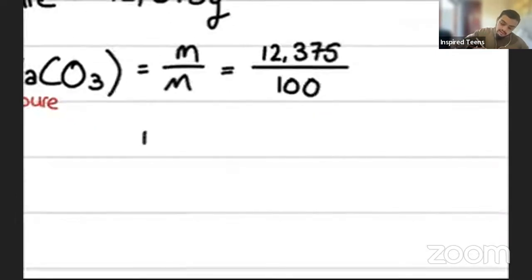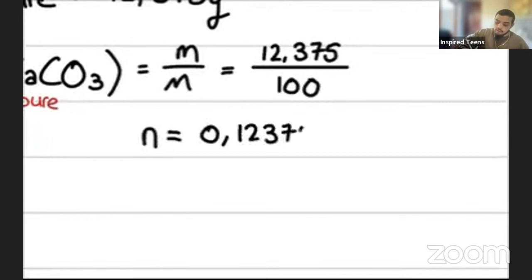This gives us 0.12375 moles. You can round it off, but I'm not going to. In these sections, I would recommend keeping at least 5 decimal places to keep the accuracy of your answer high.